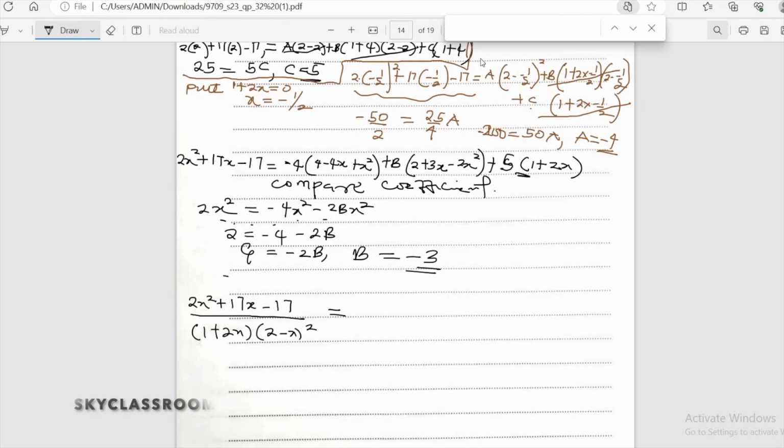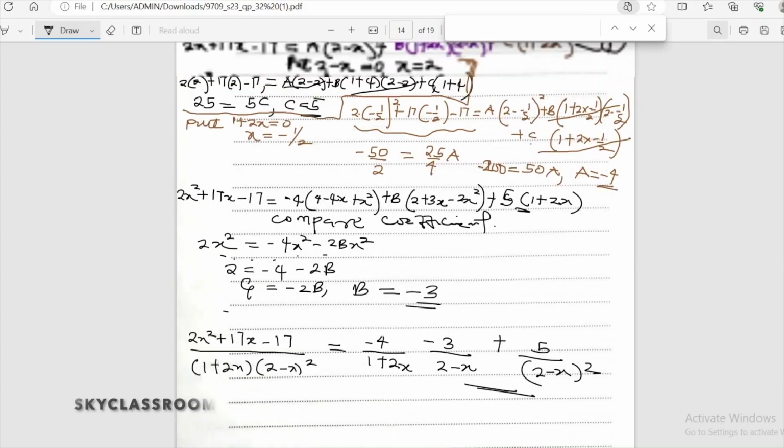Can be written as minus 4 over 1 plus 2x. Our B is minus 3 over 2 minus x, and our C is 5 over 2 minus x all squared. That's the answer for the partial fraction.